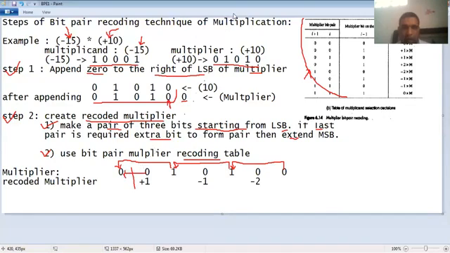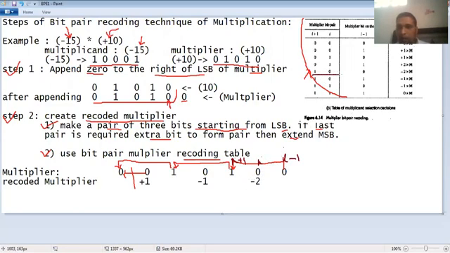Now I have to use this recording table to identify the bits. So this 0 will be considered as the ith bit, this would be considered as the i minus 1 bit, and this one will be considered as the i plus 1 bit. So let us check 100.